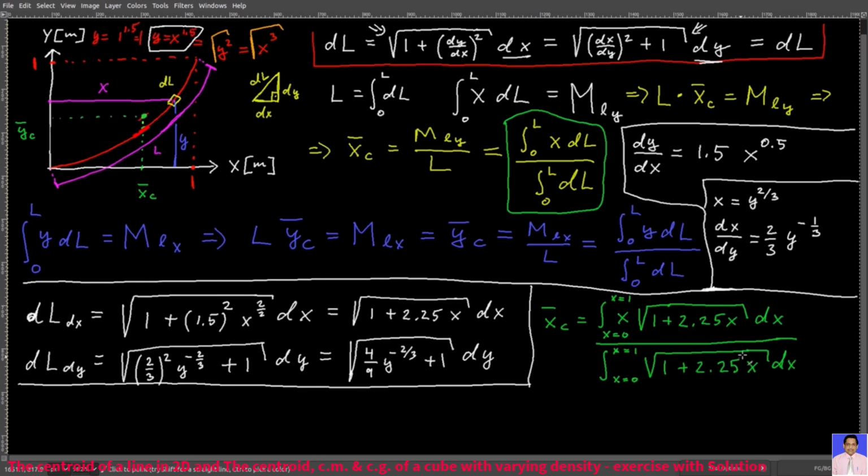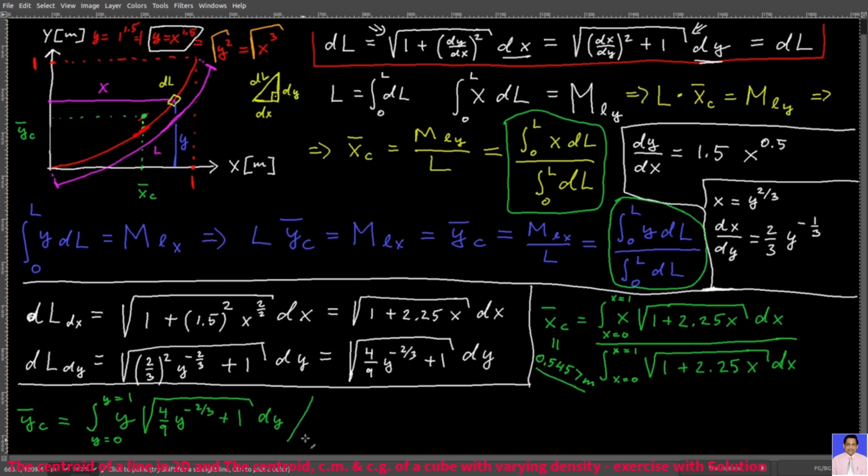And so if I put all this in Wolfram Alpha, then I will get this number here, 0.5457 meters. And then y bar c, that would be this division here, so you have the integral of all this divided by the integral of all this, and if I put the entire thing in Wolfram Alpha, then I will get 0.4465 meters.